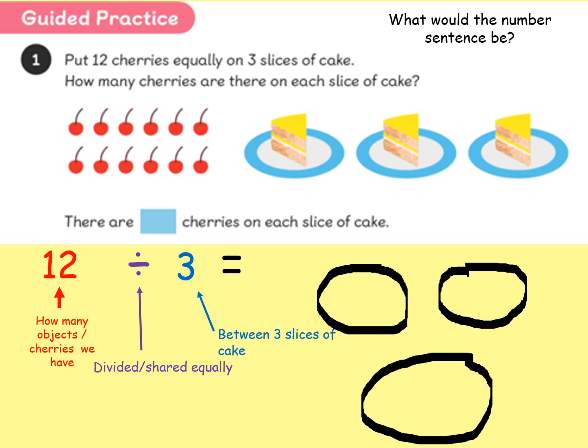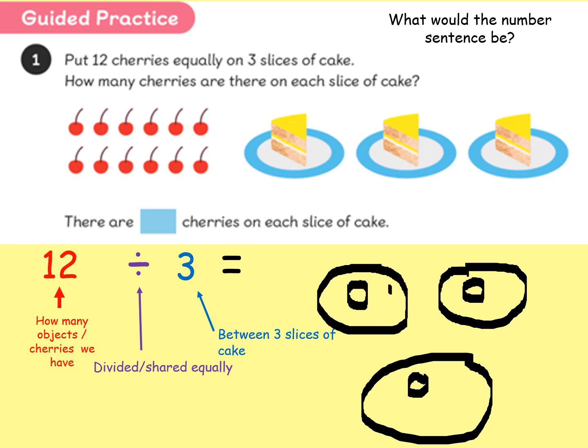And now I need to share out my cherries. Okay, so I need to make sure I count to 12 because I have 12 cherries I'm sharing out. So I'm going to give 1 cherry here. Going to put 1 in here, which makes 2. Put another 1 in here, which makes 3. They've each got 1 now.